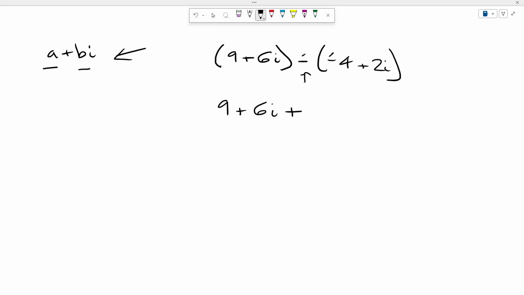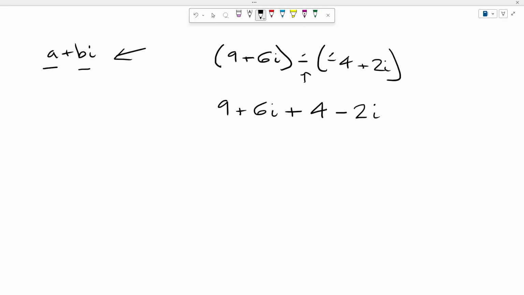So we're subtracting a negative, which means we will be adding 4, and then minus a positive 2. So we got 4 here, and then minus a positive 2 will be minus 2i. So we got it simplified down a little bit. At least the parentheses are gone: 9 plus 6i plus 4 minus 2i.